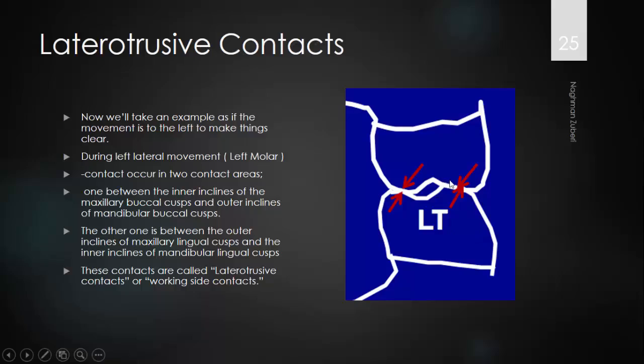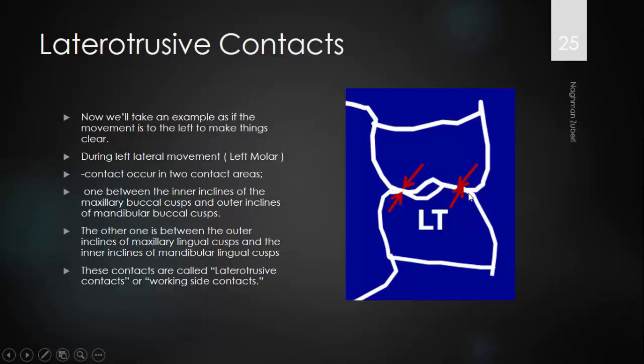So one is on the inner inclines or lingual inclines of the maxillary facial cusps and the outer inclines or buccal inclines of the lower buccal cusps.